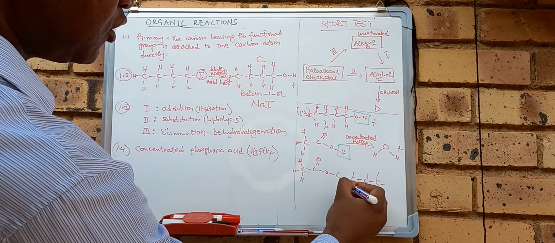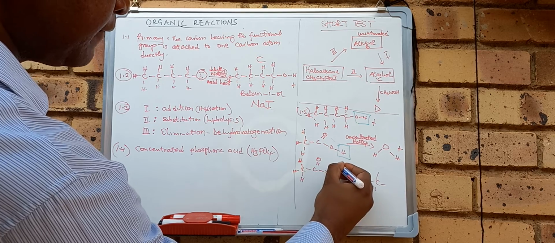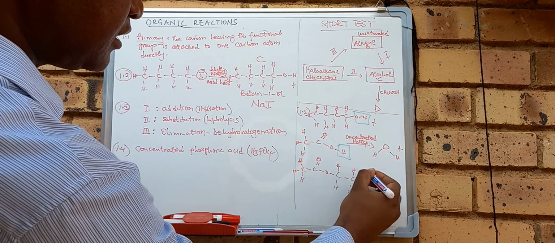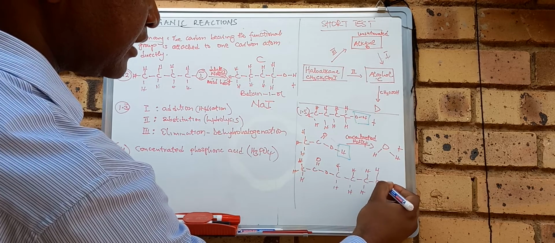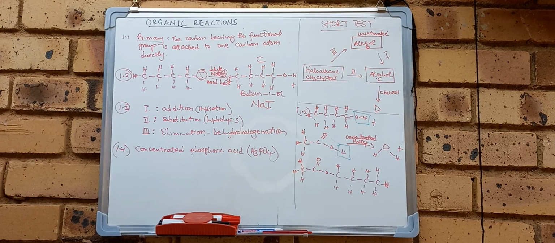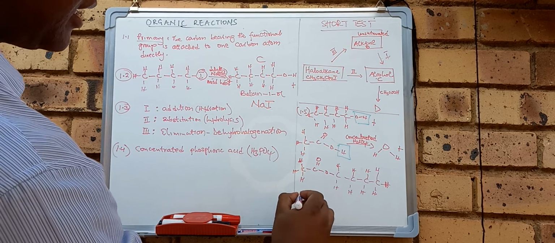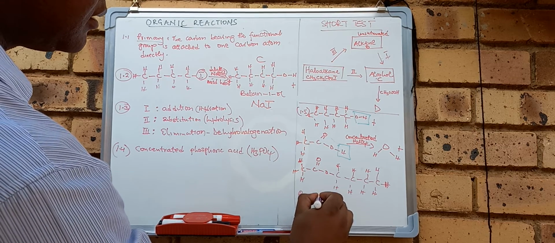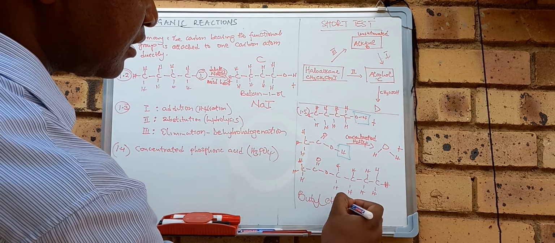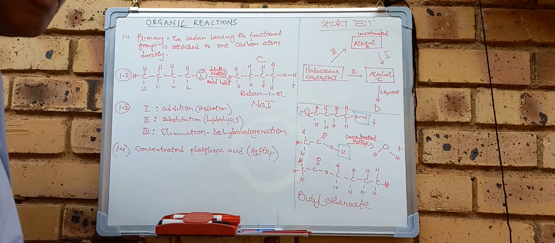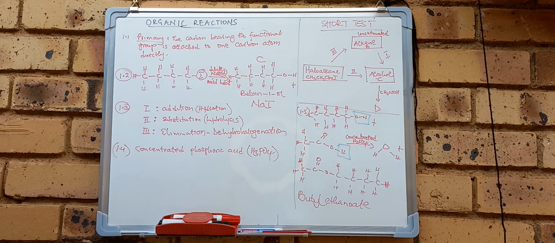And make sure I put all the hydrogens that are involved. So if you look at it here, I have 1, 2, 3, 4. I have butyl, and here, ethanoate. So what will be formed is butyl ethanoate.